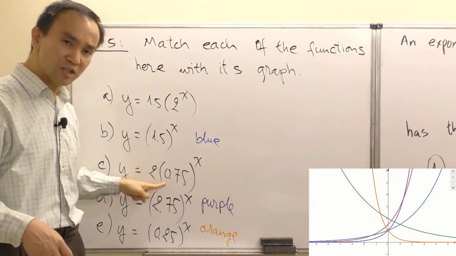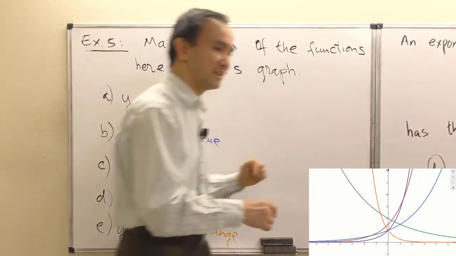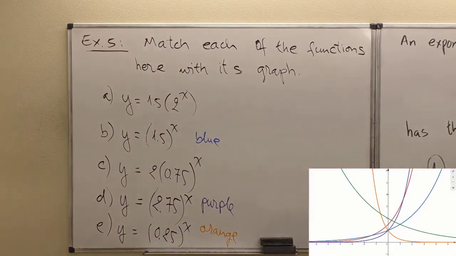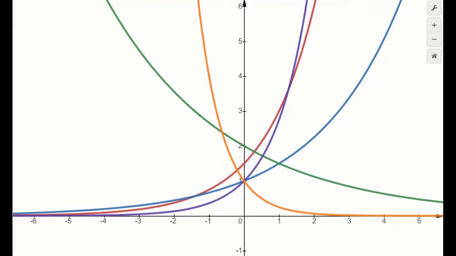So with this one, you can still see the graph here, but I can now bring it into full screen view. This graph in green is the only graph falling down from the left to the right and has that y-intercept right at (0, 2). All right, perfect.